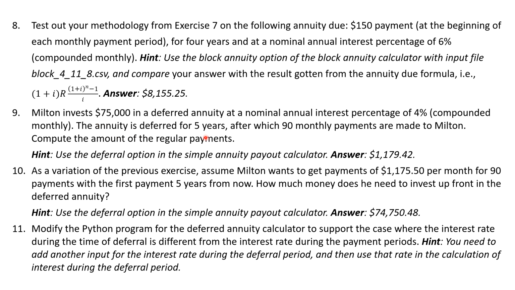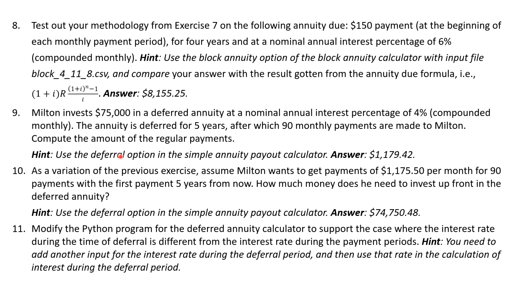You want to compute the amount of the regular payments. Just to recap, the $75,000 earns interest at 4% compounded monthly for 5 years. The money's not touched, it's just growing. And then 90 monthly payments. Even then, whatever's left of the $75,000 continues to grow over the 90 months until you deplete it.